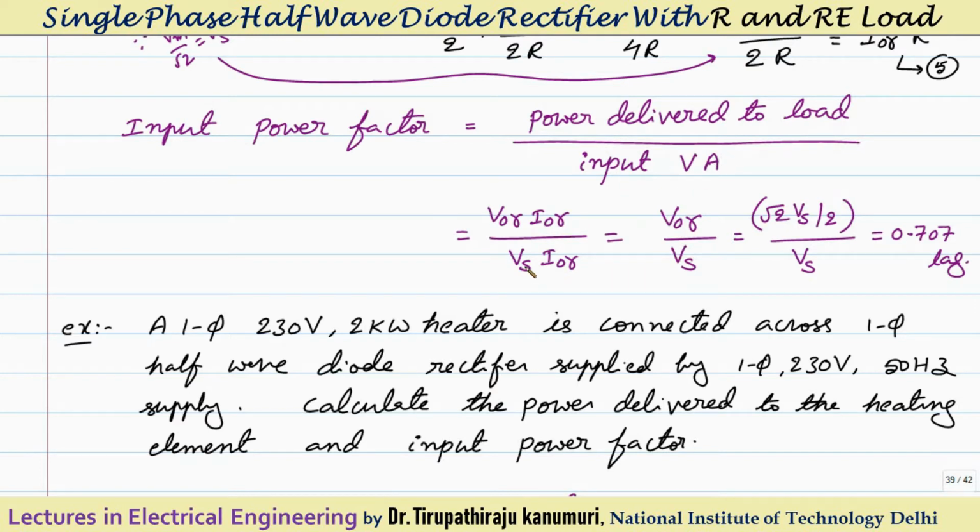Input volt ampere will be input voltage RMS value multiplied by input current RMS value. Because current supplied by the source is equal to current supplied to the load, in this case IS is equal to IL, so Vs multiplied by IOR.